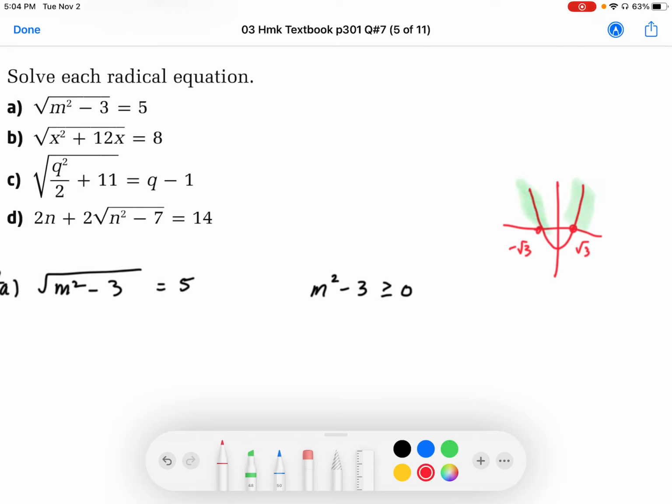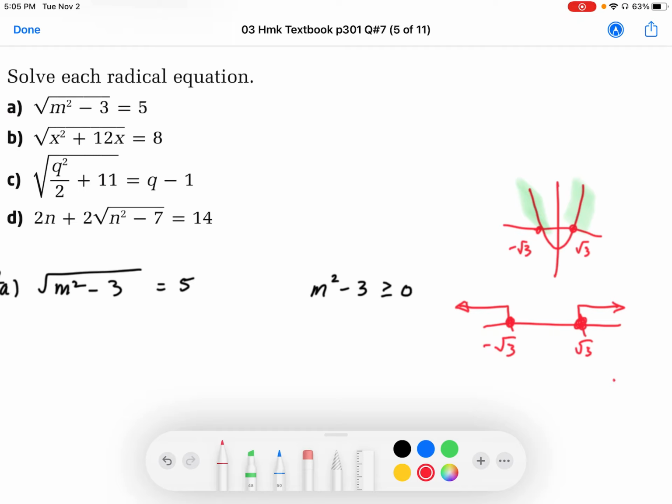So the solution for this on a number line will look like this. Root 3 is included, going this way, and negative root 3 is included, going this way.